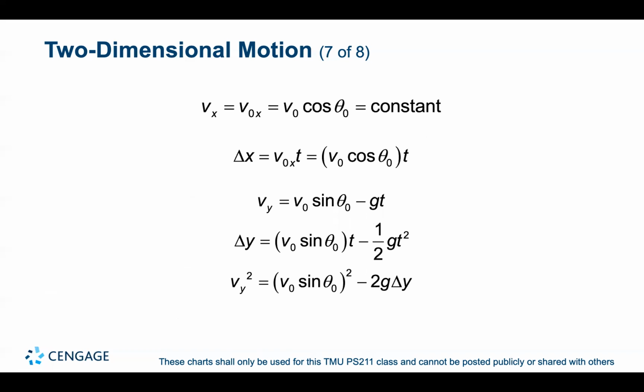So let's write the kinematic equations for the case of projectiles close to the Earth's surface, when friction is negligible. Notice that the acceleration in the x direction is 0 because air resistance is neglected. This means that a sub x equals 0 and the projectile velocity component along the x direction remains constant.